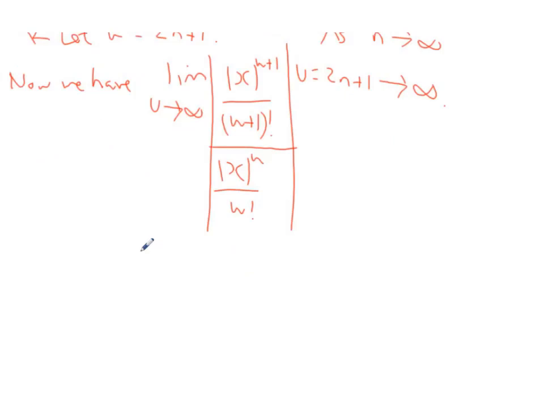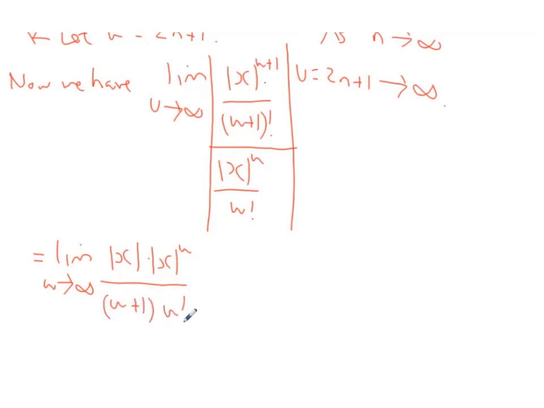So now we can tidy this up, standard ratio test stuff. This now equals the limit as u approaches infinity of the absolute value of x to the u plus 1, which can be x times x to the u, over u plus 1 factorial. It can be written as u plus 1 times u factorial.